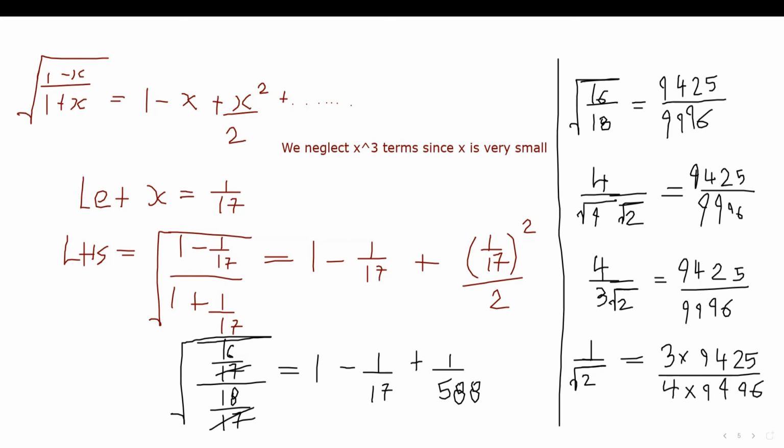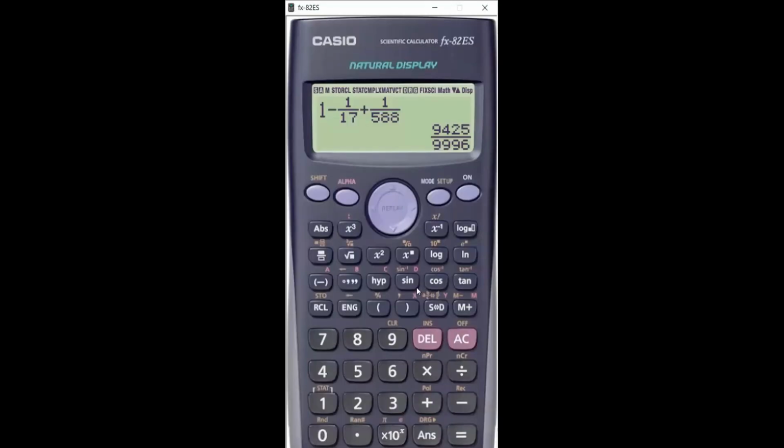So let's do it in the calculator here. I'm just going to multiply this answer by 3 over 4, because basically that's what we're doing.